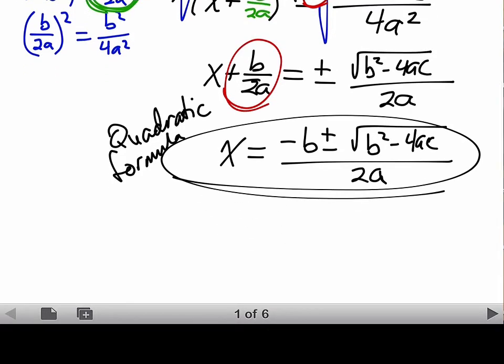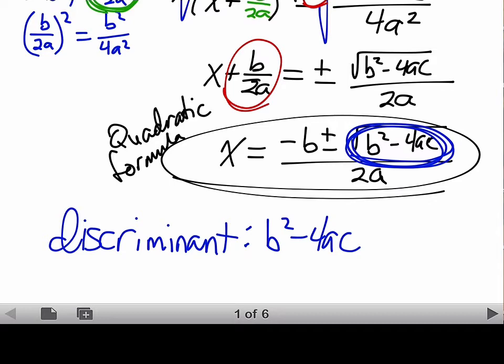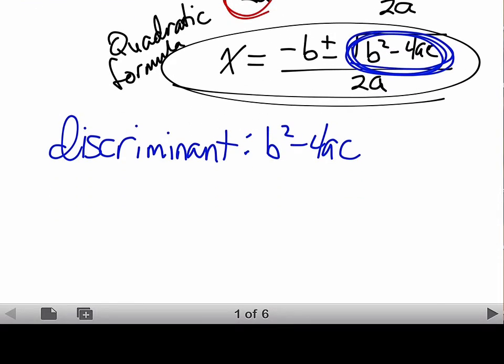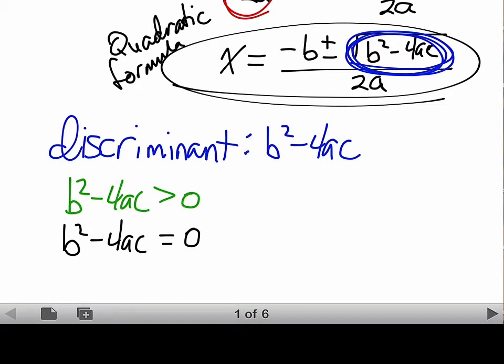Now there's a part of the quadratic formula, the part that's inside the radical. It's called the discriminant. The discriminant is b squared minus 4ac, and there are three distinct possibilities. The discriminant could either be positive, 0, or negative.